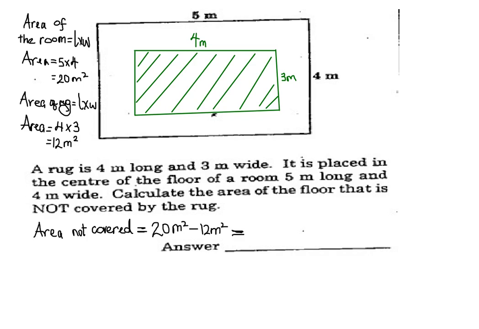Do you have the correct change? No, it's 8. So I want to know how you're arriving at the uncovered area. 1 square meter, that's still important. So 20 meters squared, take away 12 meters squared is how much? 8. Right? 8 meters squared.